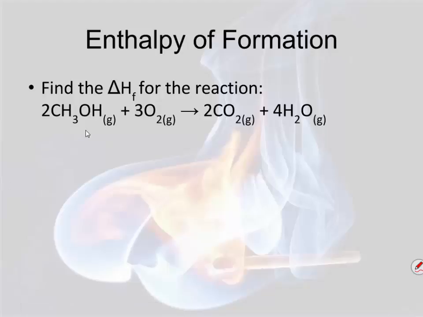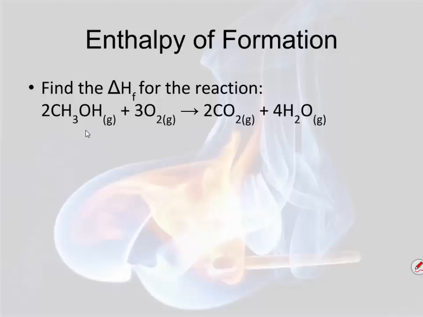So we're going to open up Appendix C in our textbook, and we're going to look for our products first. I have to find Appendix C here, just give me a second. We want to look for CO2 and water. And it should have them organized by what elements are in them.